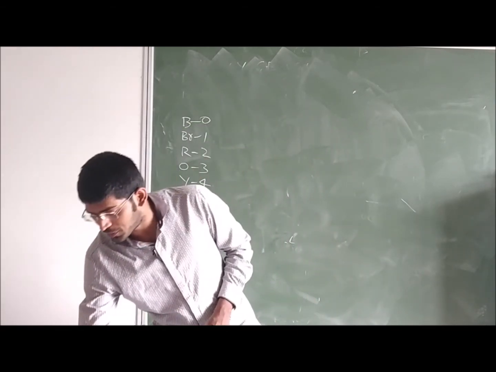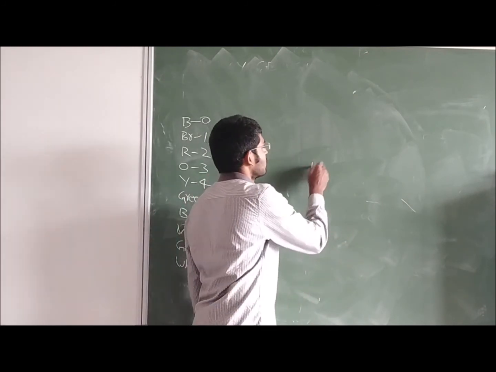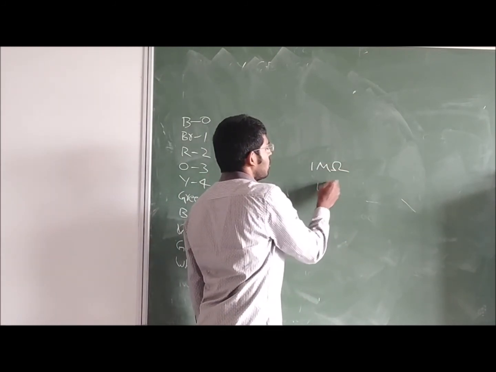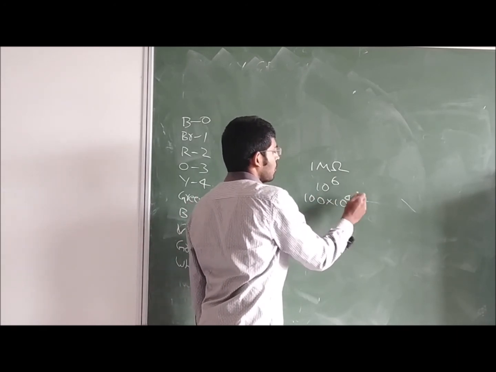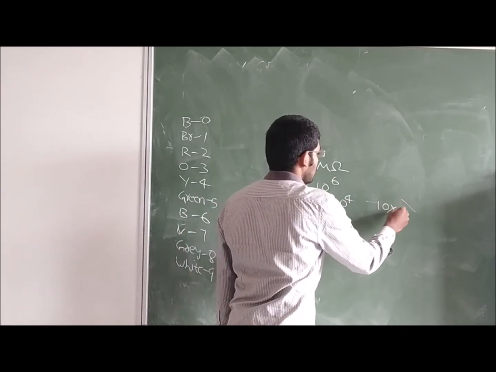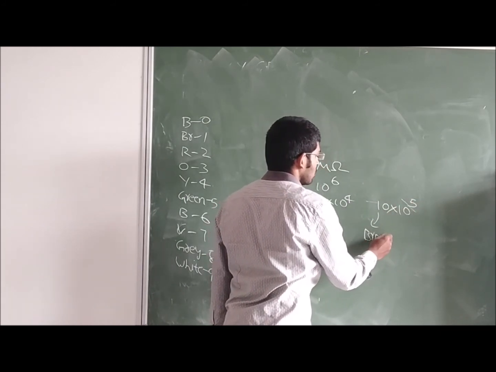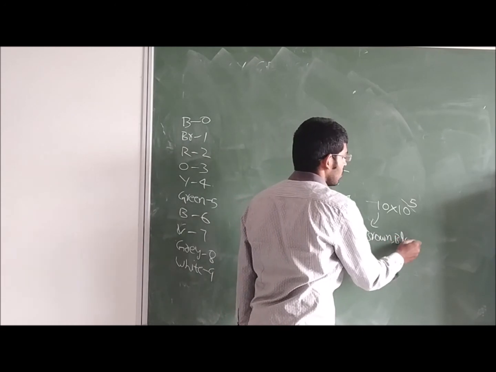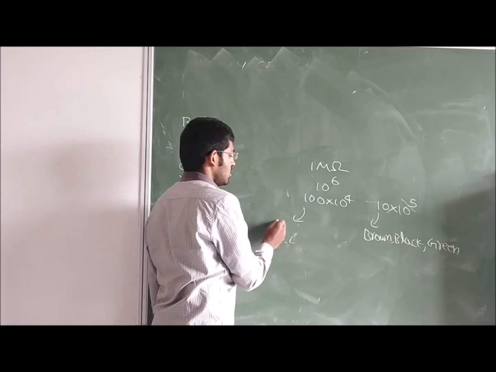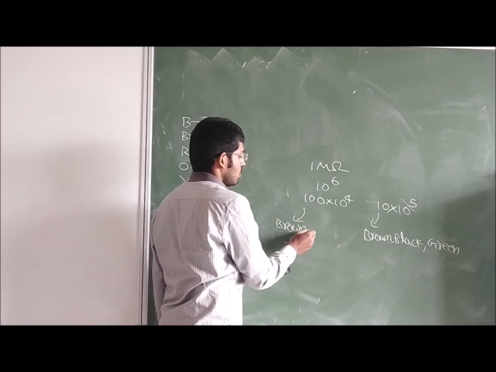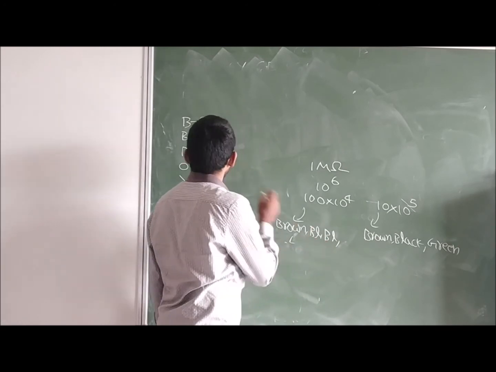Again 1 mega ohm can be represented by using the 4 band or 5 band resistor method. 1 mega ohm is 10 to the power 6 ohms: 100 into 10 to the power 4 or 10 into 10 to the power 5. So this is brown, black, green. And this is brown, black, black, yellow.